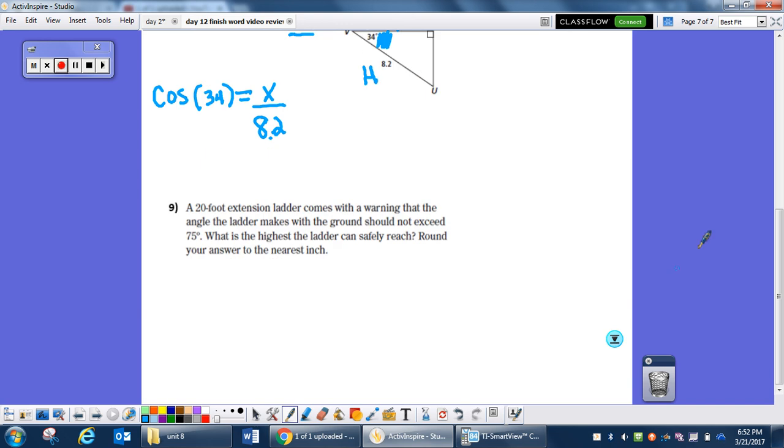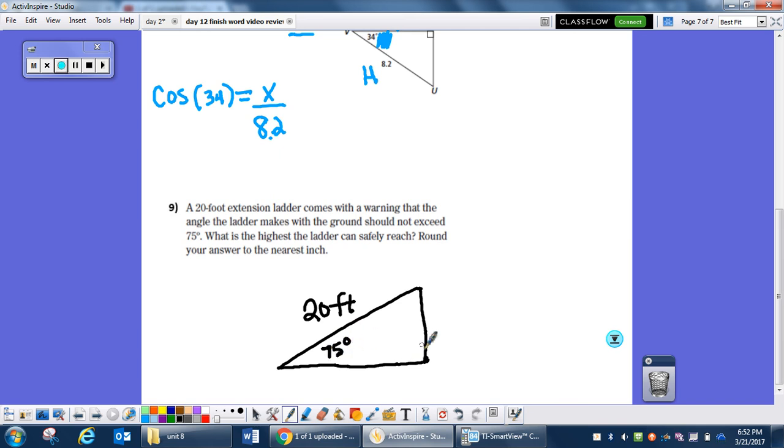Alright, and last, you have a 20-foot extension ladder. So here's my 20-foot ladder. It comes with a warning that the angle the ladder makes with the ground, and a lot of times the ground is the horizontal, cannot be bigger than 75 degrees.